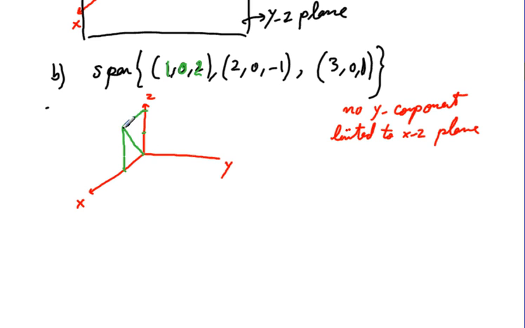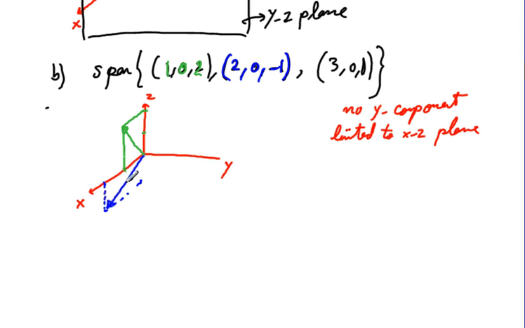So this is going to be our first vector. Then the other one, (2, 0, -1). So with this one I am taking 2 steps in the x direction, minus 1 step in the z direction. So this is (2, 0, -1).